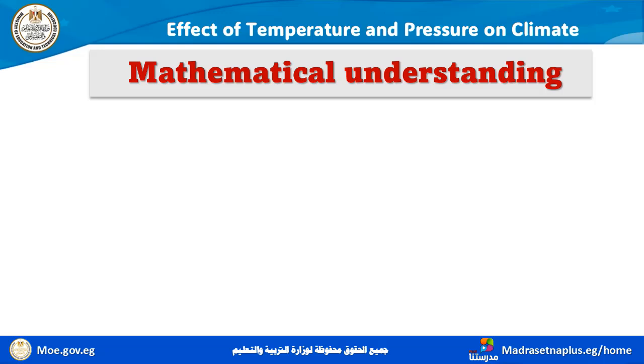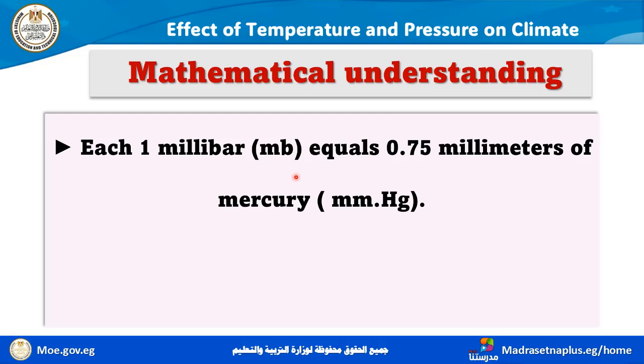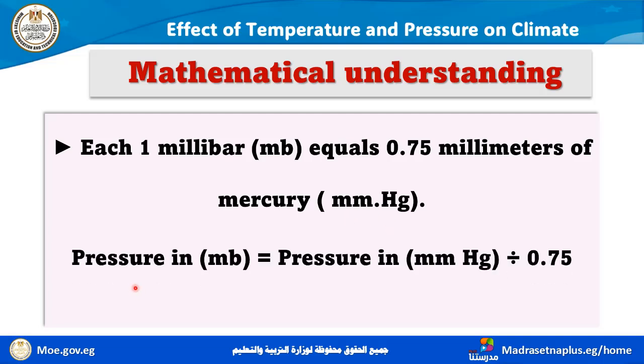Now let's go to the mathematical understanding. Each 1 millibar equals 0.75 millimeters of mercury. So the pressure in millibars equals the pressure in millimeter mercury divided by 0.75.